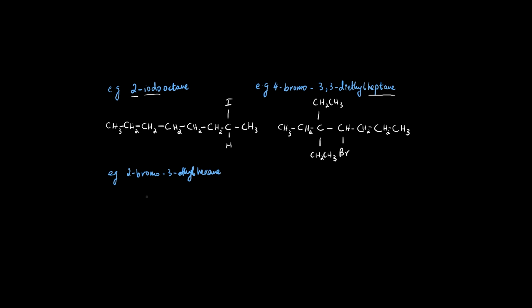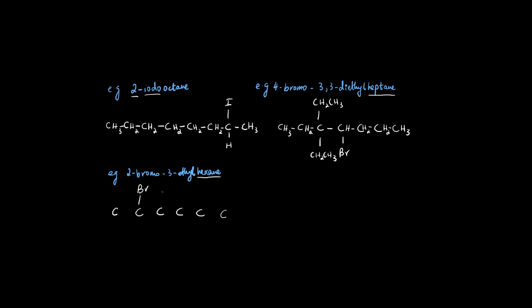Now the third one, 2-bromo-3-ethylhexane. 6 carbons in the longest carbon chain. So 6 carbons. Let's draw them. Okay, great. Now the second carbon must have a bromine substituent. So I'll draw it from the left.